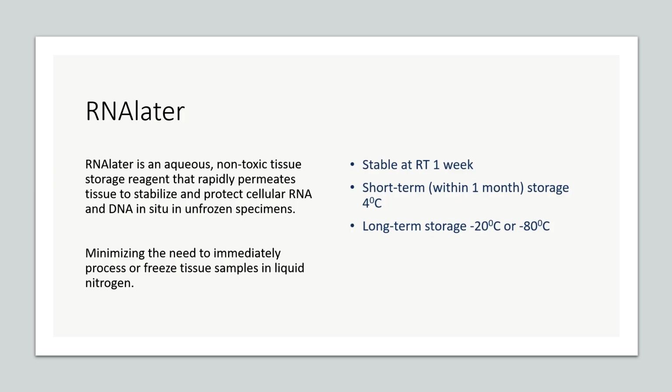Tissues in Aerator are stable at room temperature for 1 week. Short-term storage is 4-degree refrigeration, and long-term storage requires -20 or -80 degree freezers. By using Aerator, we minimize the need to immediately process the frozen tissue in liquid nitrogen.